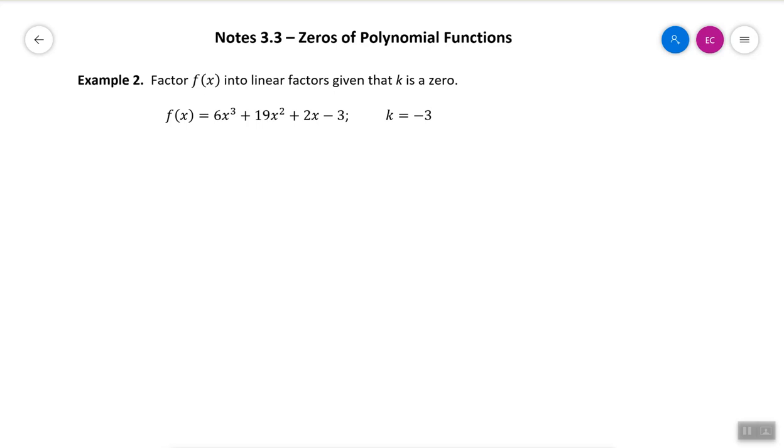If negative 3 is a zero, then the factor theorem tells us that x plus 3 is a factor. It also tells us that f of negative 3 is equal to 0, which means the remainder from the synthetic division is going to be 0.